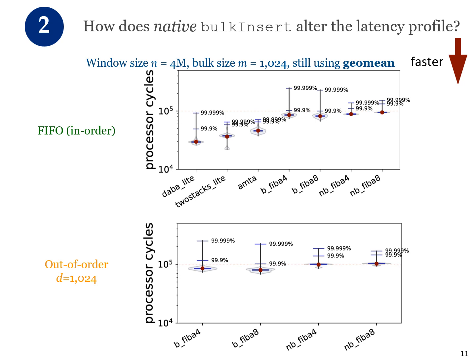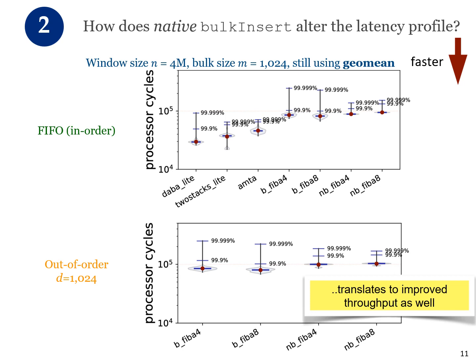On the other hand, those algorithms, DABA-Lite, 2-Stacks-Lite, and AMTA, just cannot participate in the out-of-order experiments because they just can't handle those streams. And so in the out-of-order figure, you can see that indeed the bulk variants of our algorithm outperform the non-bulk variants.